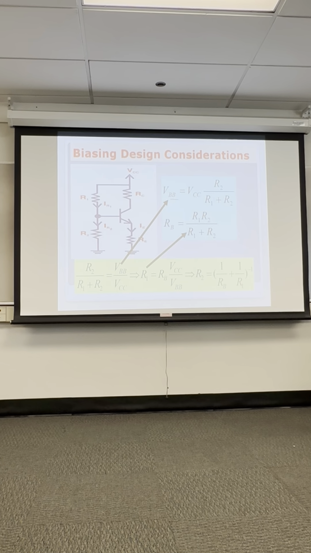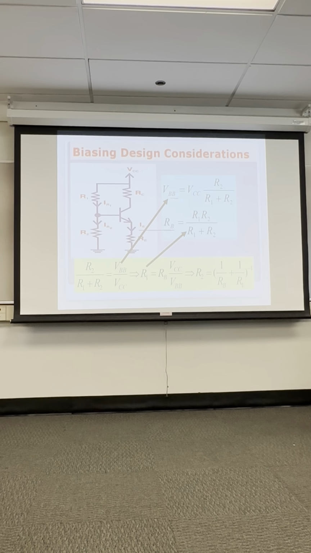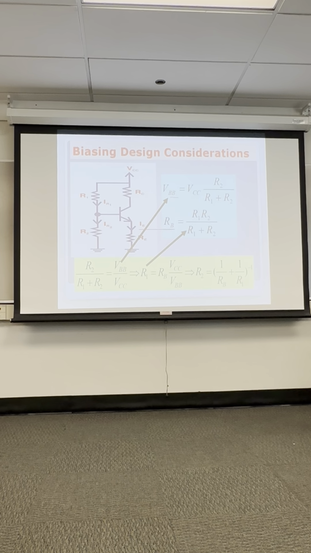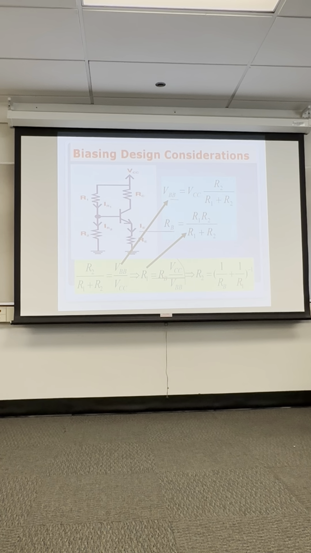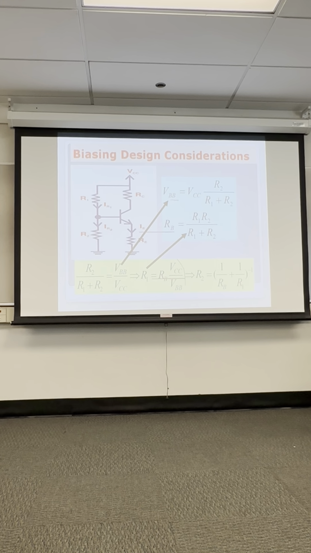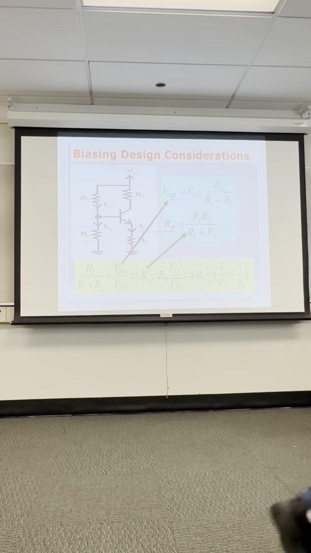This is the voltage divider for V sub B, and then this is the parallel resistance for R sub B. And then we can solve for R1 is RB times V sub CC over base voltage, and then R sub 2 is what's called an inverse resistor formula. And this is 1 over RB plus 1 over R1, and then we invert that.